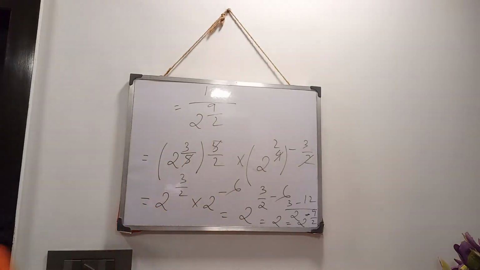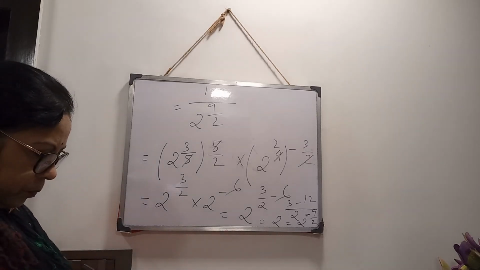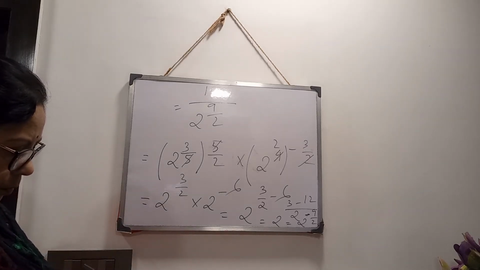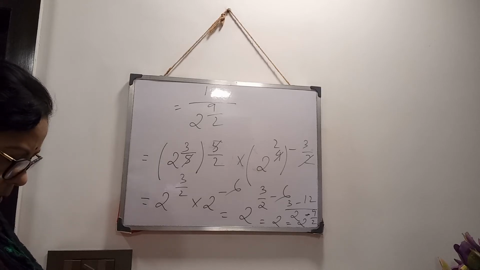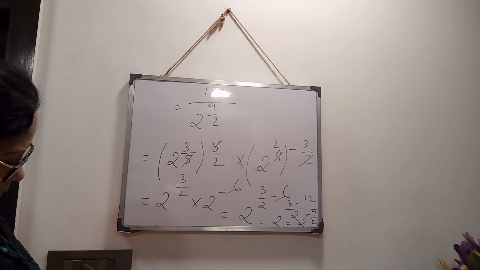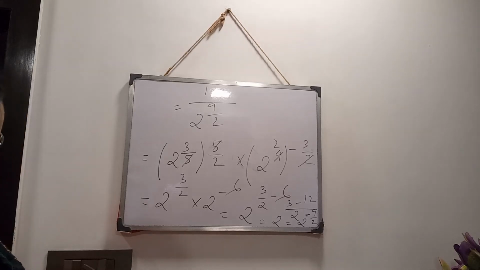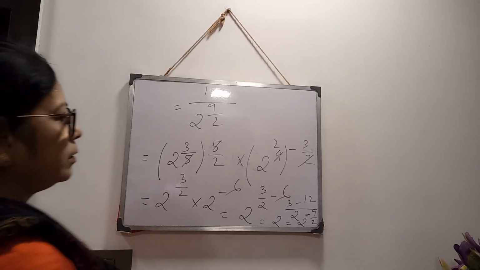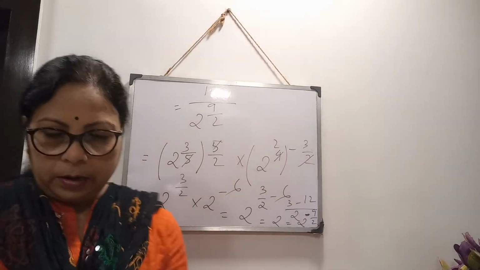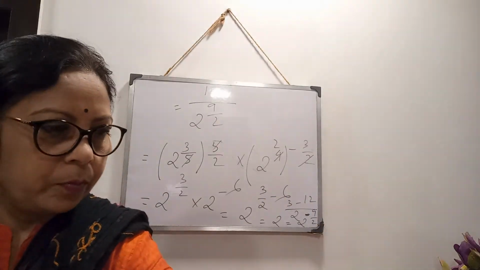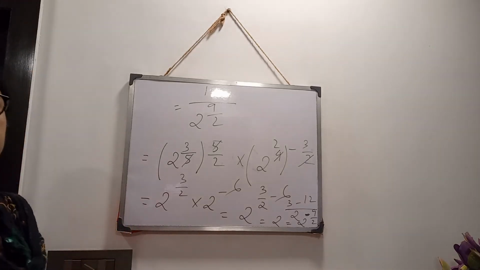Clear? I am checking whether it is given in that form or not. It is given 2 to the power minus 9 by 2. Okay, you can end here also. Clear? So how we have done? Now next one. It is easy.